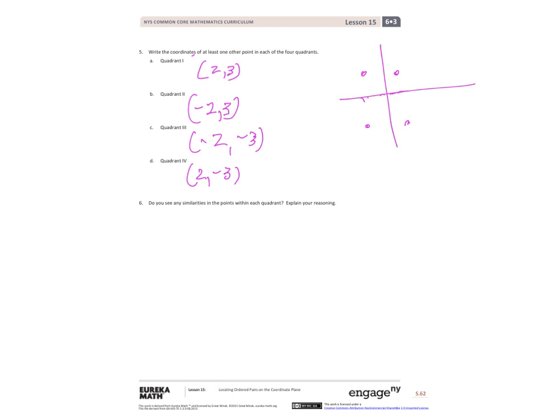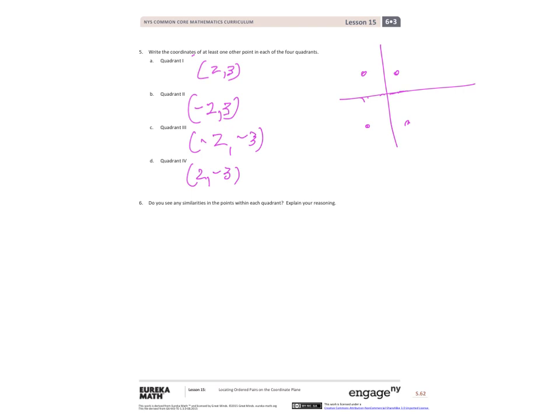Any similarities in the points within each quadrant, just at the signage, right? The ordered pairs in quadrant 1 are going to have all positive values. In quadrant 2, it's going to be a negative, positive.